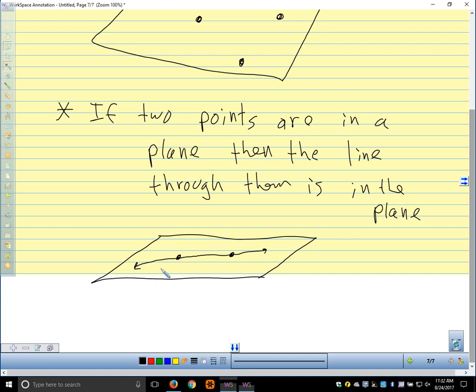Why can we not name a plane with just one point? Why couldn't I draw up here on my board this point A and say, okay, the name for the plane that my whiteboard is plane A? Why is that one point not enough? There are a bunch of planes or lines or things that could go through point A, right?